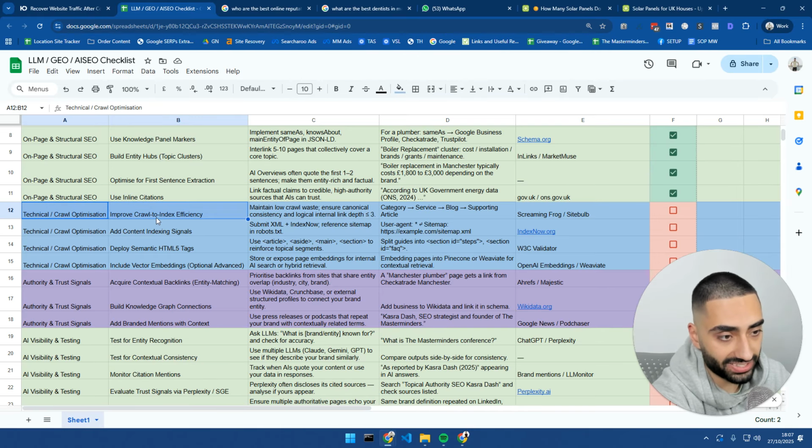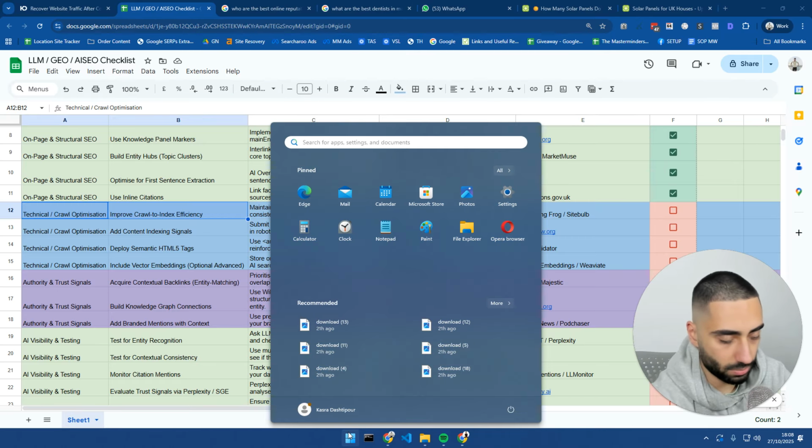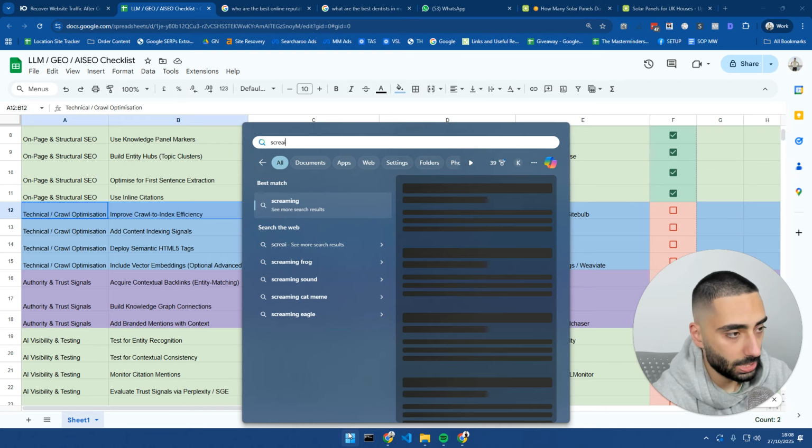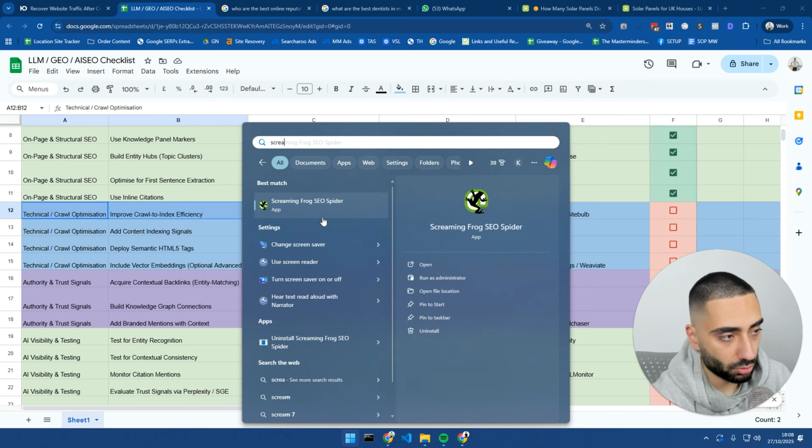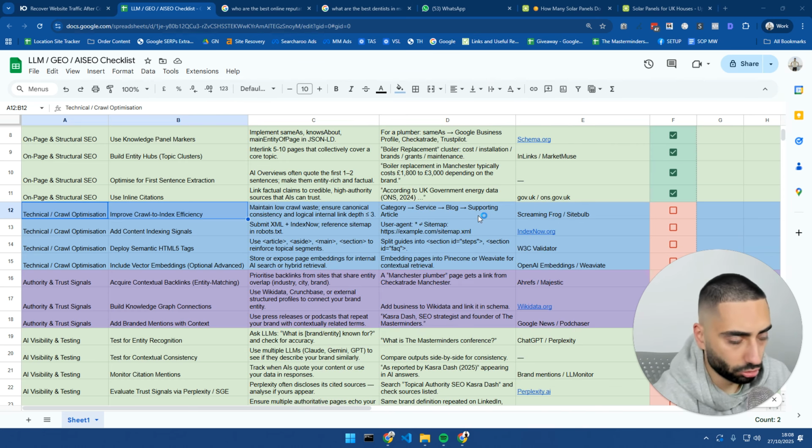Then we've got technical and crawl optimization. Obviously, you want to make certain that you are crawling your website with tools like Screaming Frog, for example, or you can use Sitebulb as well. Two really good auditing tools.